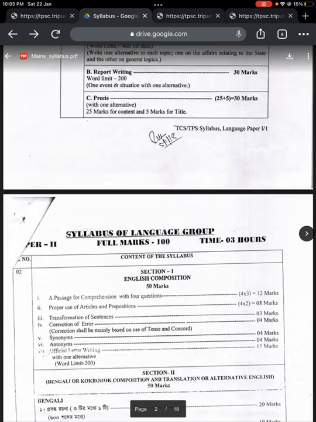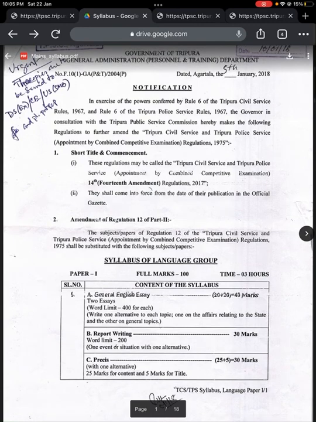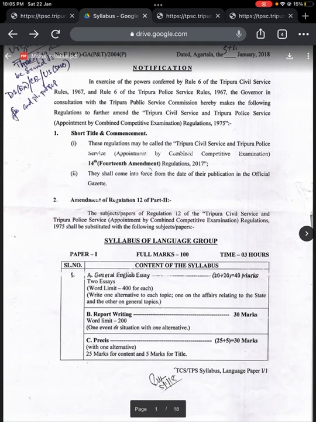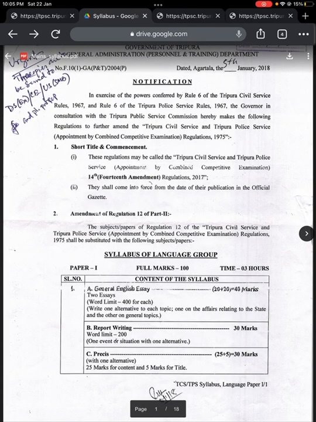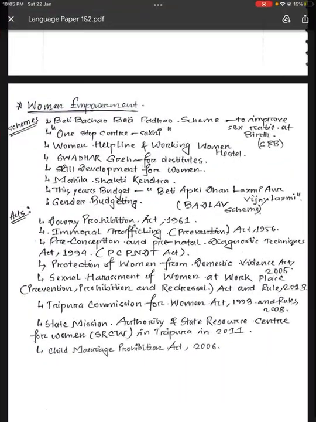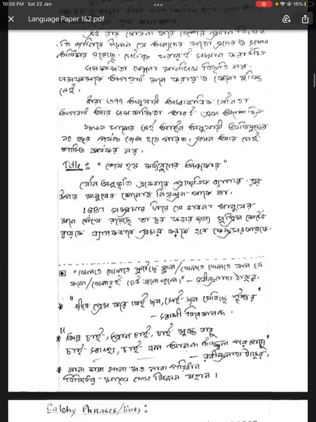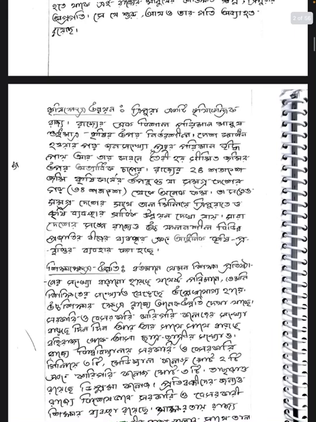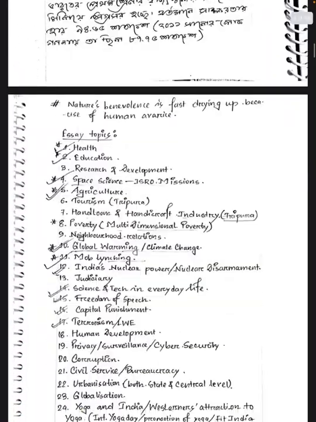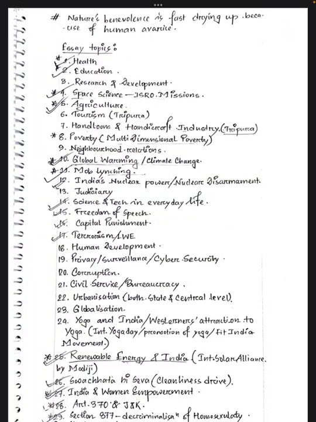Now that we have understood the syllabus, let's jump into how to prepare. So how to start your preparations for these two papers. Let me show you my strategy. What I did was I chose different sectors, very few sectors.